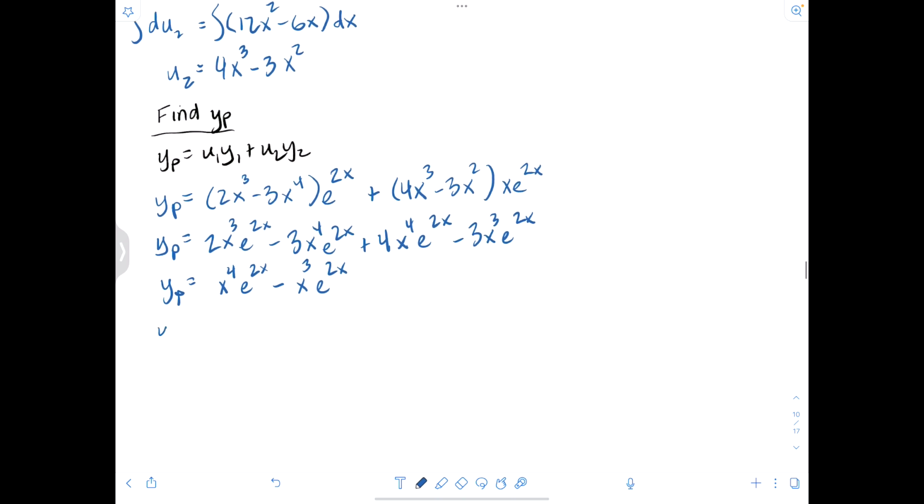Or x cubed e to the 2x times x minus 1. Cool, cool?